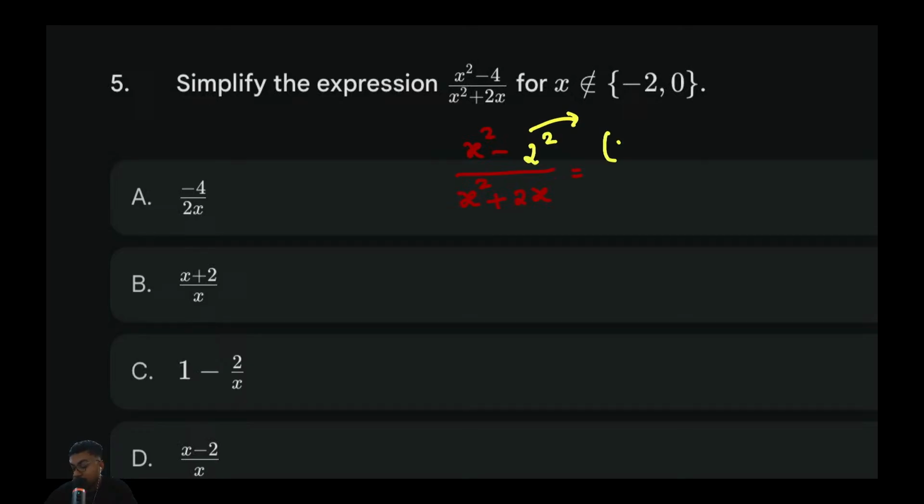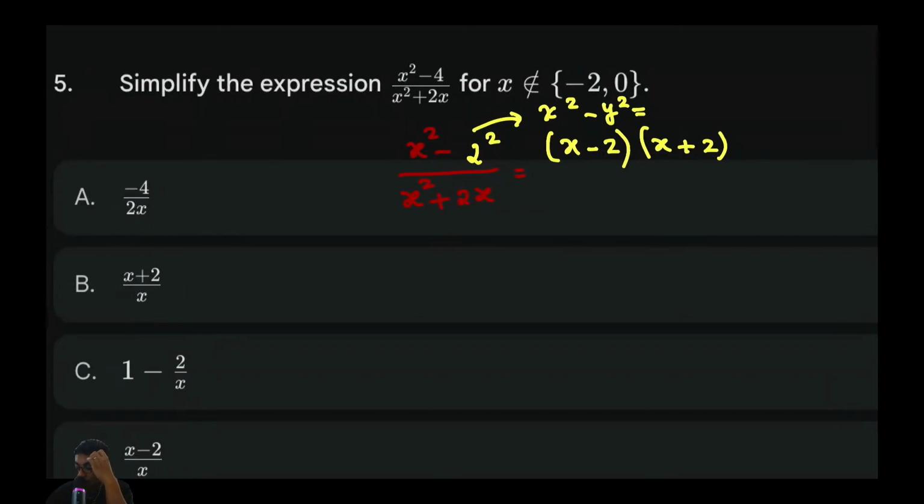So that means this can be x minus 2 and x plus 2. How? Using the formula x squared minus y squared equals x minus y times x plus y. Okay? So it's going to be x minus 2 times x plus 2.